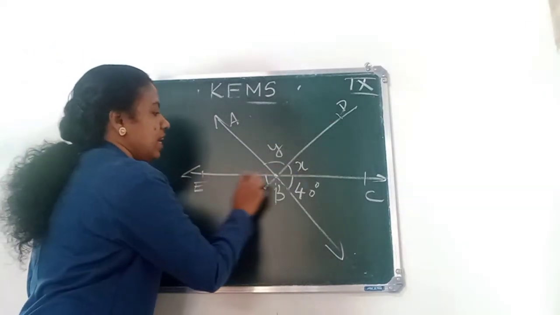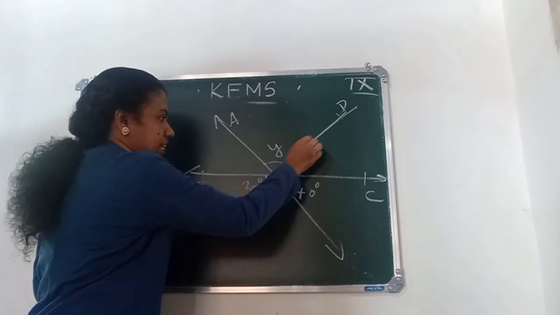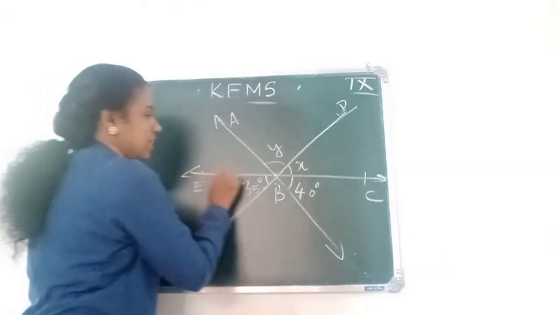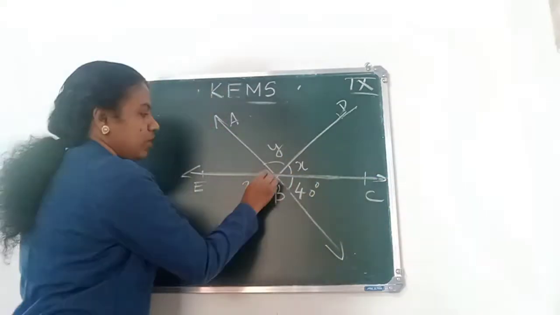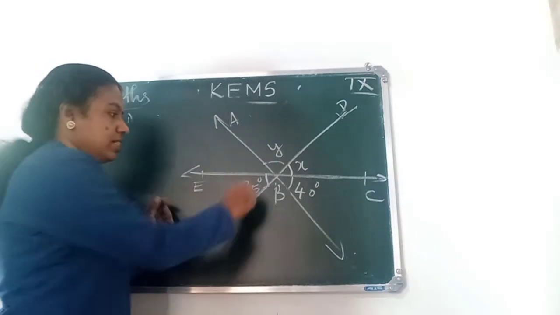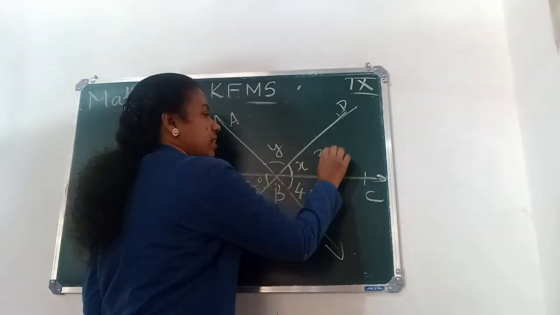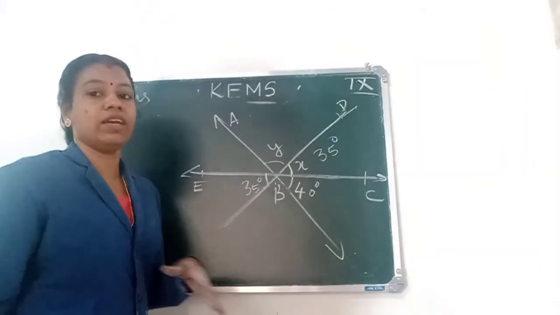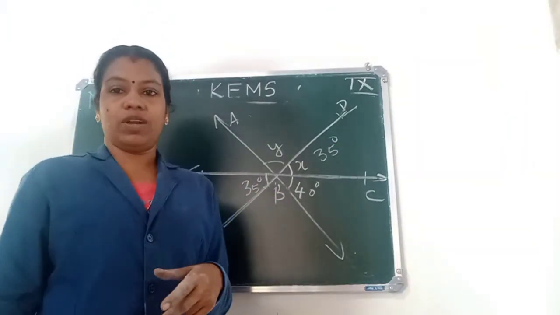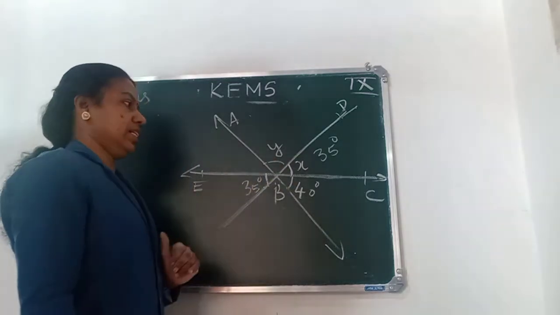So this is 35, its opposite also 35, because vertically opposite angles are equal. Clear? Then these two angles are 35.